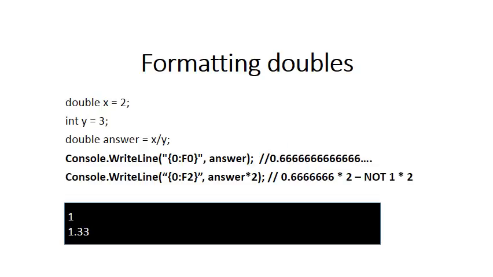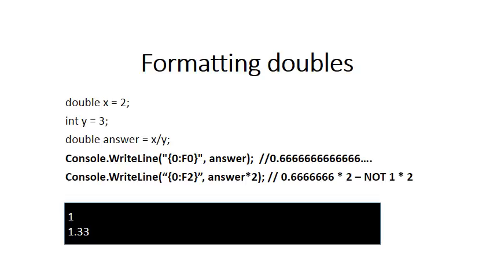Something very important to understand is that this formatting is simply the formatting of what's displayed on the screen. It does not change the actual value. If you look at this example, we've got answer which is 0.6666. The first time we display it, we format it to 0 decimals, so it displays 1.